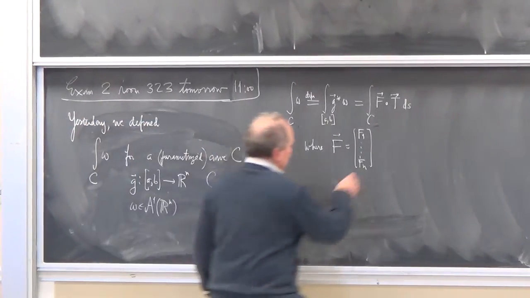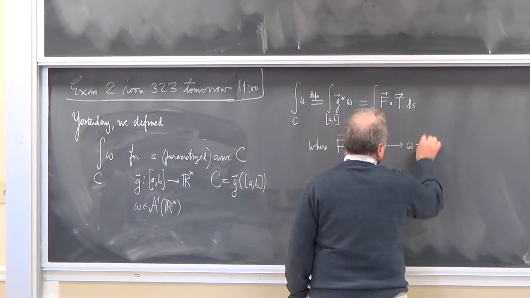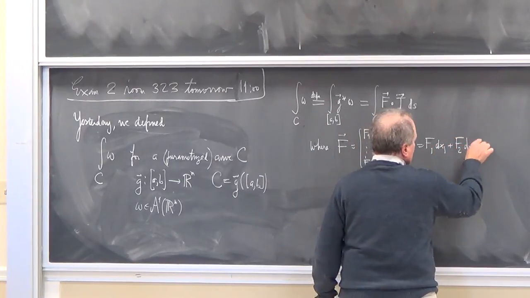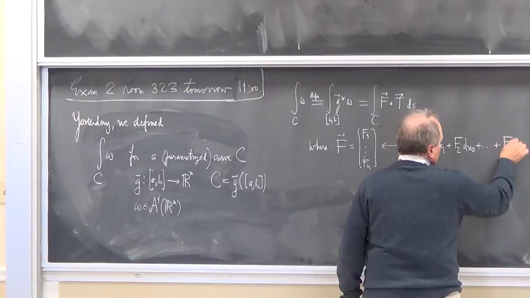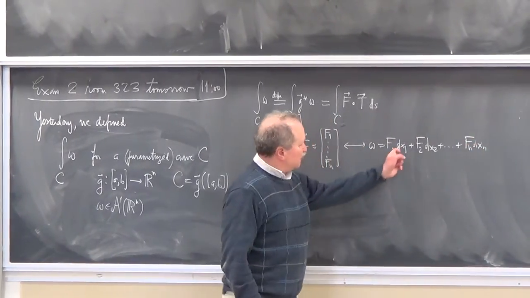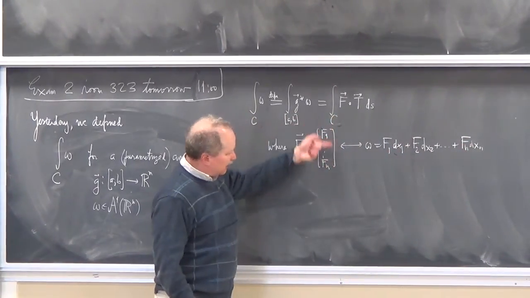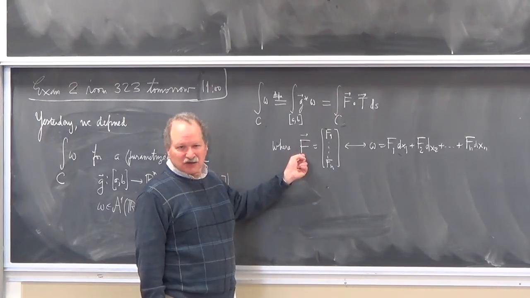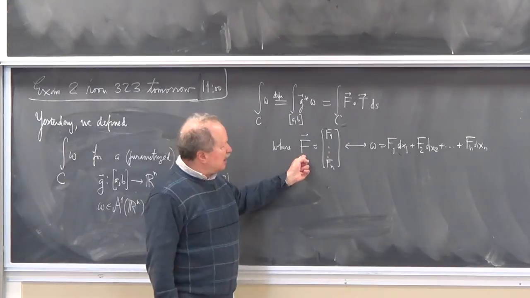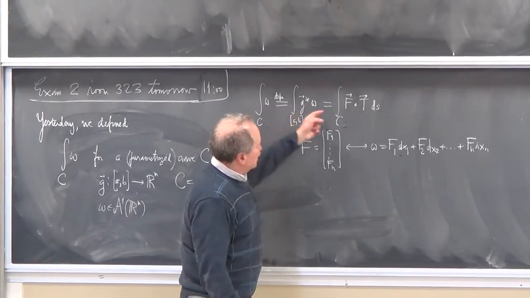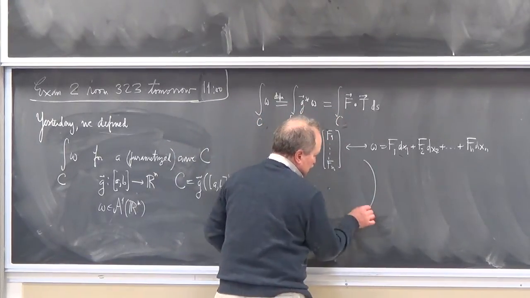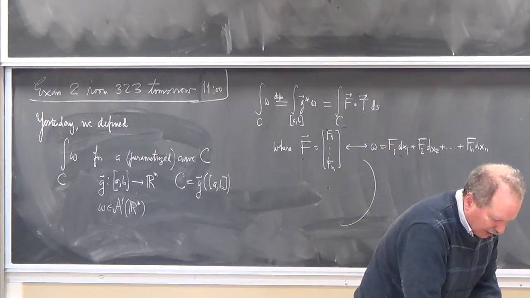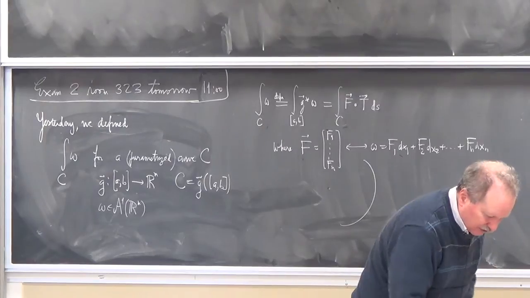So the one-form looked like various functions times the various dx's. If you just forget the dx's and stack the functions f into a vector, you can think of a vector function, which is called a vector field. And this calculation is computing, as you move along the curve, how much of f is pointing tangent to the curve.